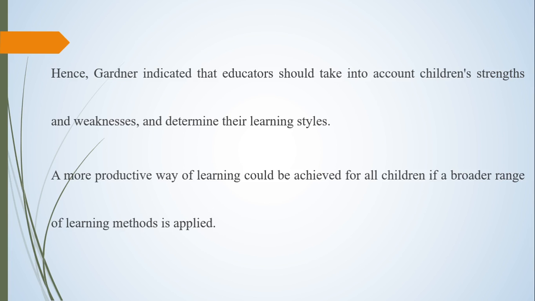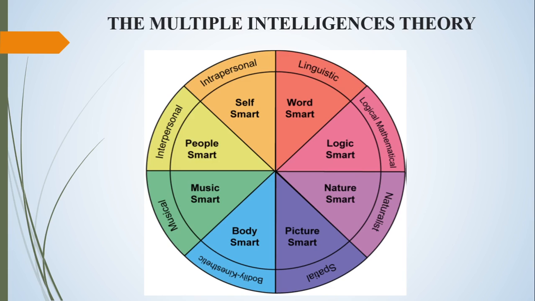According to Gardner, educators should take into account children's strengths and weaknesses and determine their learning styles. A more productive way of learning could be achieved for all children if a broader range of learning methods is applied.